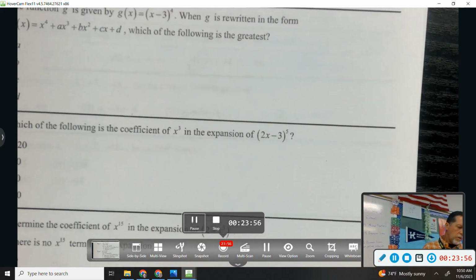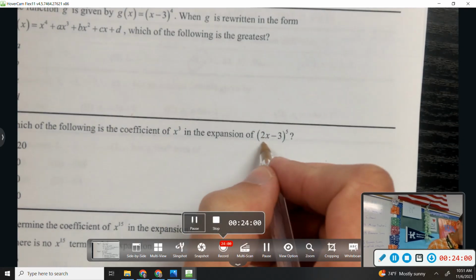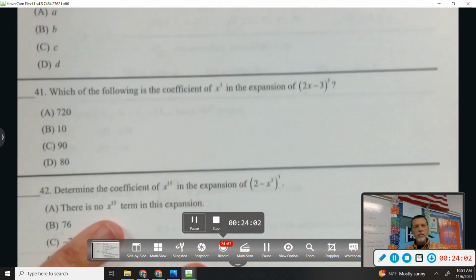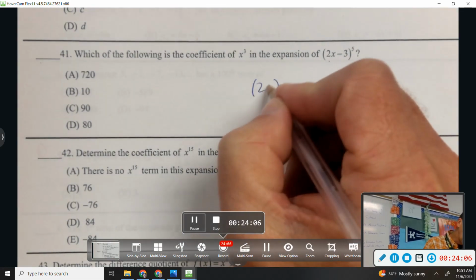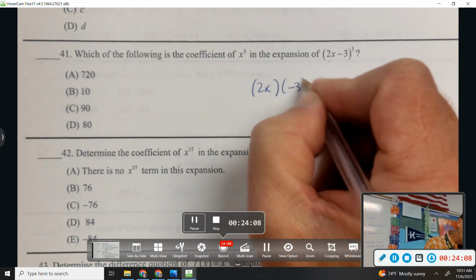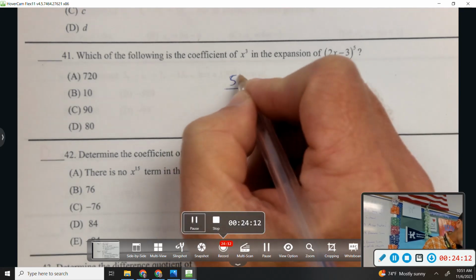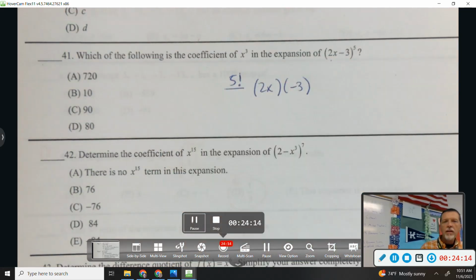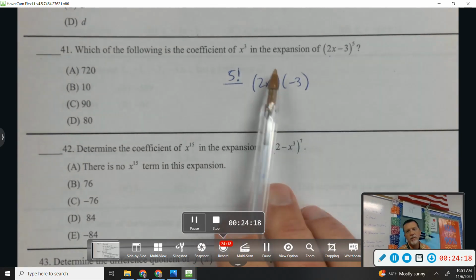Which of the following is the coefficient of x cubed in the expansion of 2x minus 3 to the 5th? Okay, so I know there's going to be 2x to some power and negative 3 to some power. And I know it's going to be 5 factorial up top. And then the 2 bottom numbers will be whatever powers go on the 2x and the negative 3.